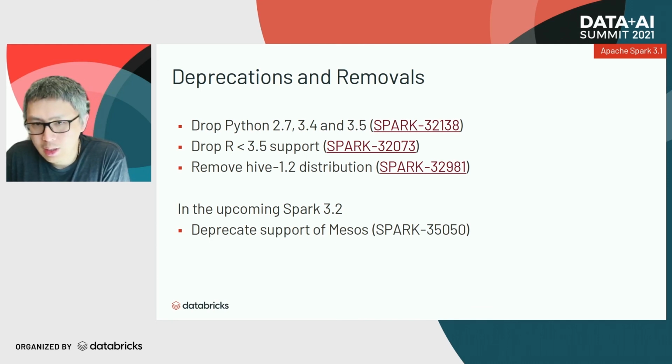The Hive 1.2 distribution is also removed from the official release, and the new release is based on Hive 2.3. If needed, you can also build it by yourself. In Spark 3.2, support for Apache Mesos as a resource manager is deprecated and will be removed in a future version.